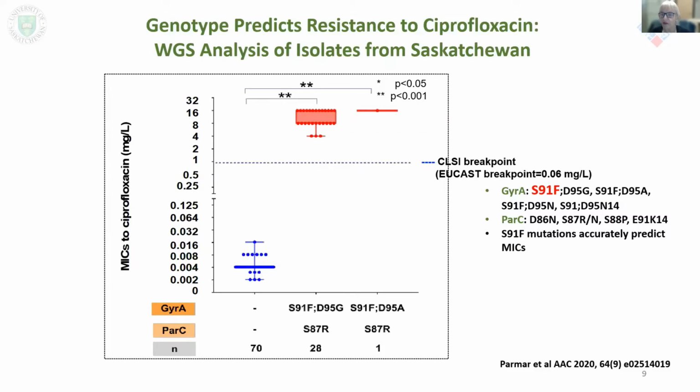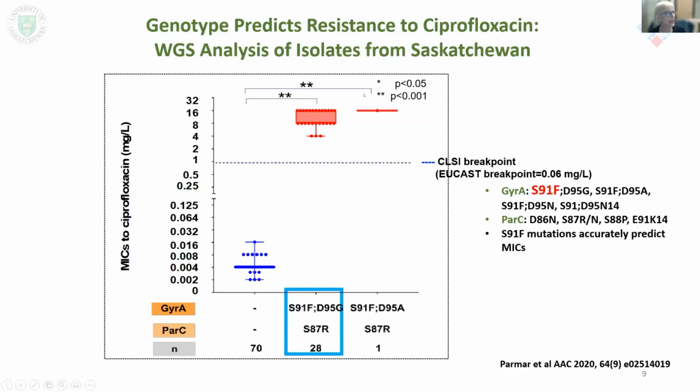The primary mutation predicting resistance to ciprofloxacin is this mutation in gyrA, S91F. There's almost 100% correlation between the presence of this mutation and resistance. The other interesting thing is that isolates with absolutely no mutations in gyrA, you'll see this in the blue bar, are highly correlated with susceptibility.